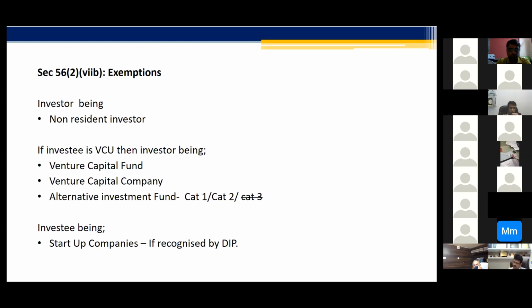This has basically been given as an exemption to startups. Or if the entity is a startup company recognized by DIPP, the Department of Industrial Policy, then also it does not apply. So wherever the auditee has issued share capital to these categories, then 56(2)(viib) does not apply.